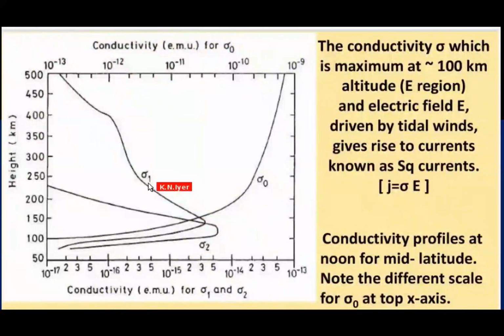These components are sigma 1, sigma 0, sigma 2. Most of them reach a maximum at about 100 to 150 kilometers. So this is the dynamo region where you have maximum conductivity, and therefore a current J can be driven there by the electric field E generated by the dynamo action. So the dynamo electric field and the conductivity together give rise to a current J. Conductivity profiles are shown here.